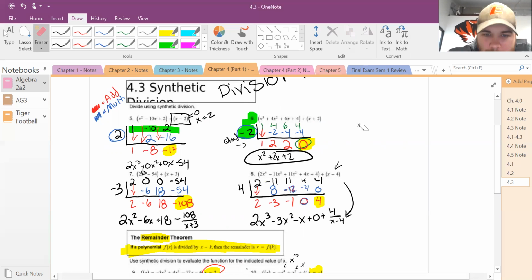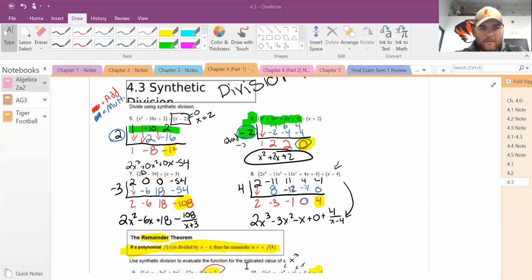Let's go ahead and plug this function, x cubed plus 4x squared plus 6x plus 4, into Desmos. Let's see what happens. Hopefully you guys can see this. Because I really want you to see this.